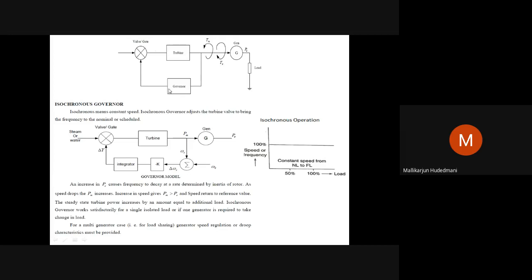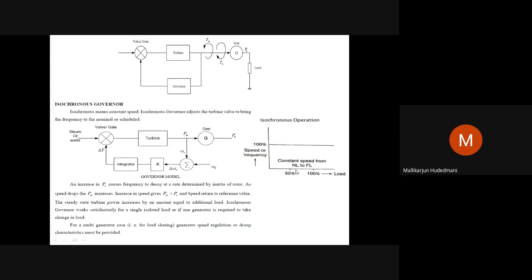When I have a governor, as shown here, acting on the turbine to modify the input fuel such that a steady state of RPM and megawatt is worked out, it can be an isochronous governor. What do you mean by isochronous? You can see this curve immediately. When I say isochronous governor, as the load on the generator increases constantly, see the graph at the right side, minimum to maximum.